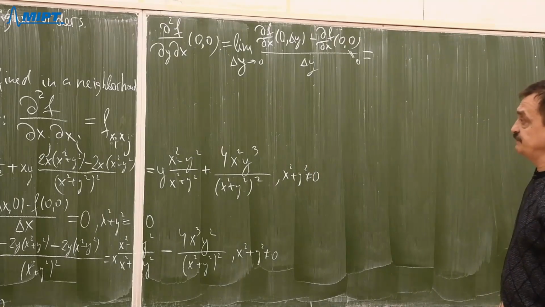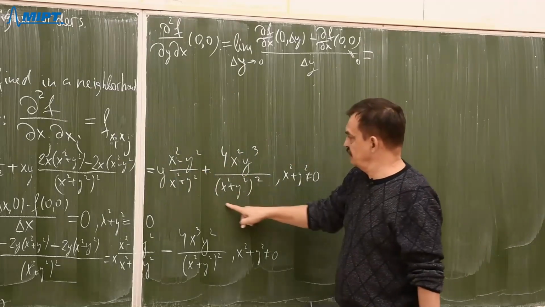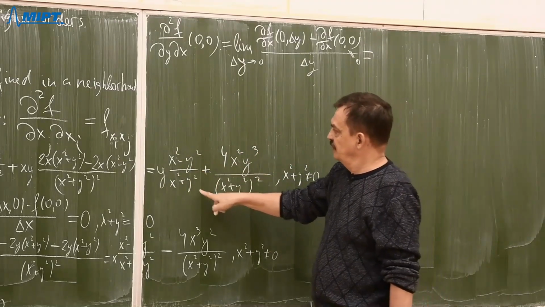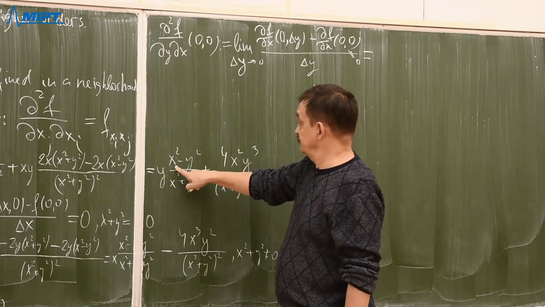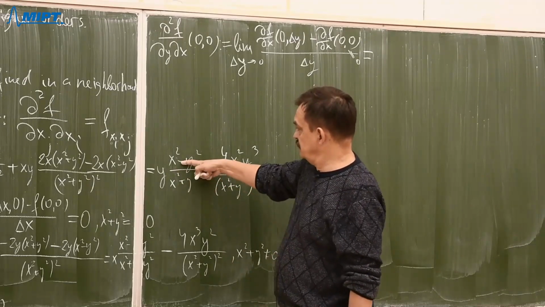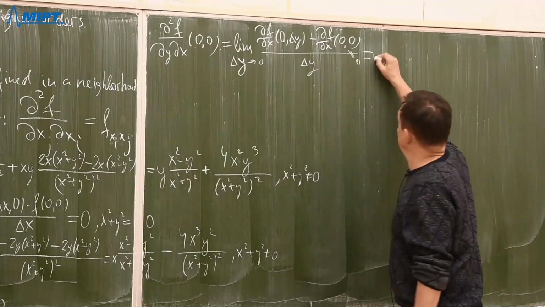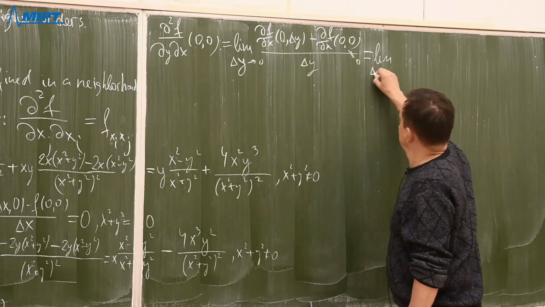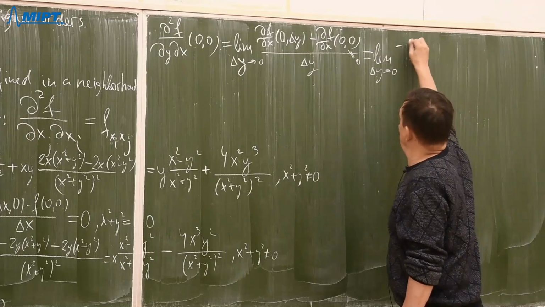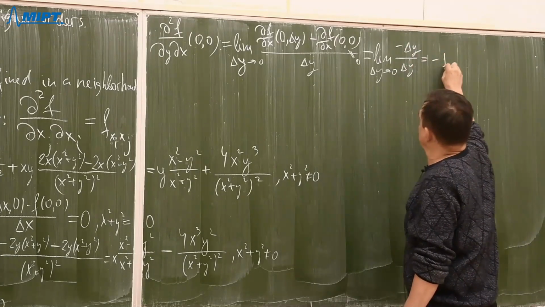And if I substitute x equal to 0, I have minus 1 minus delta y, that is the limit as delta y tends to 0 of minus delta y over delta y, minus 1.